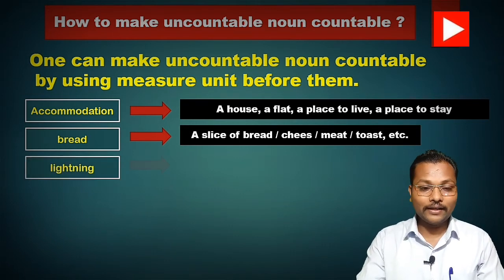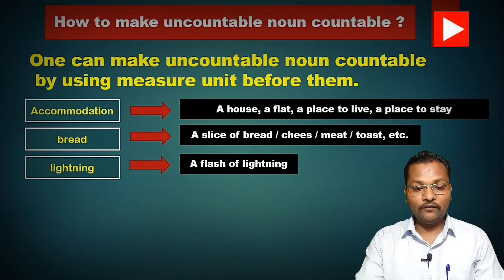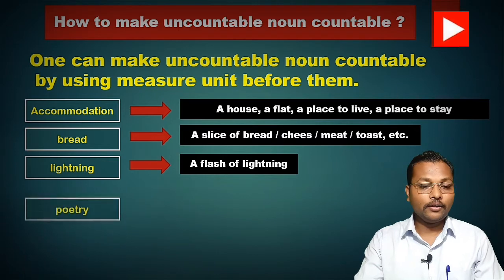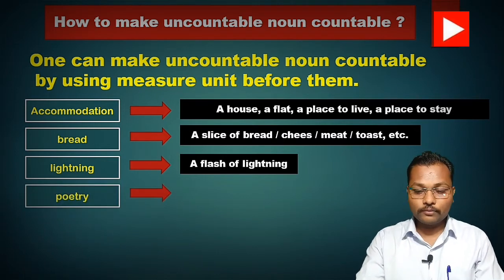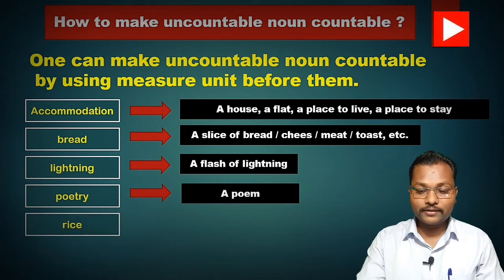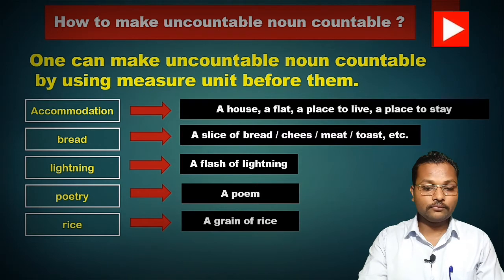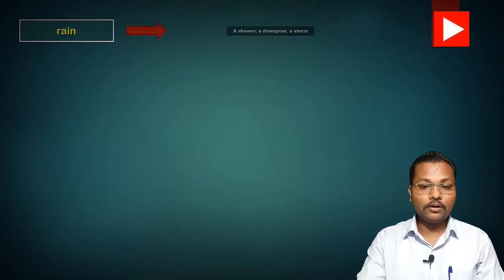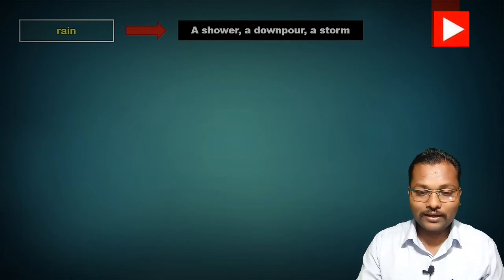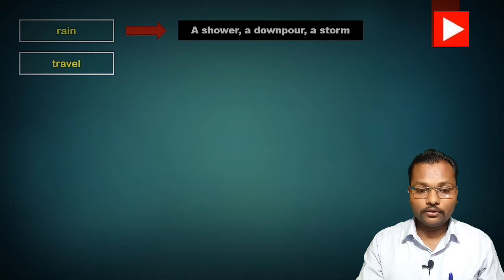Lightning. Lightning is uncountable, but we can say a flash of lightning. A flash of lightning means one flash of lightning. Poetry. Poetry is uncountable, whereas a poem is countable. Rice. Rice is uncountable, but a grain of rice is countable. Rain. Rain is uncountable, but a shower, a downpour, a storm are countable. Travel.